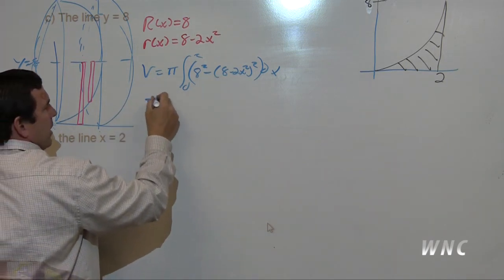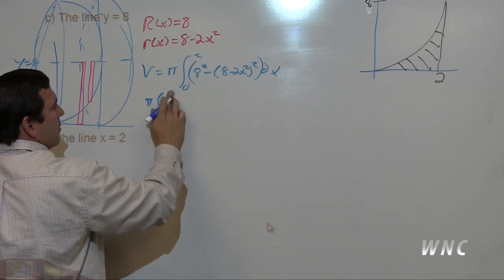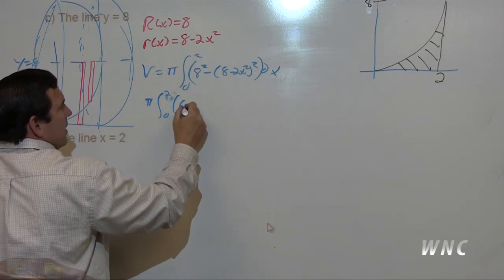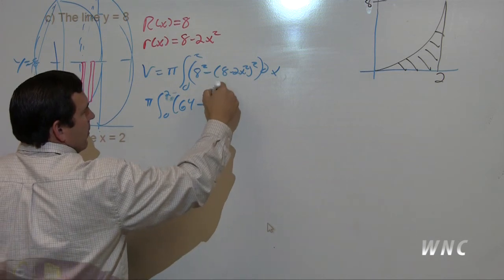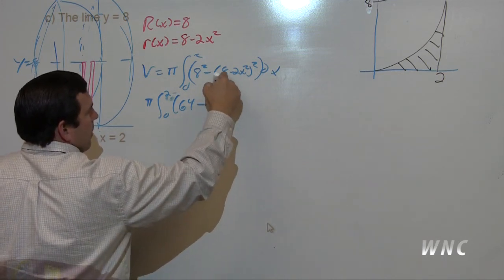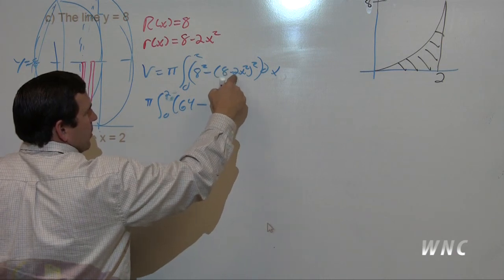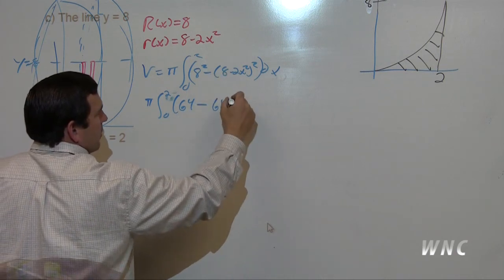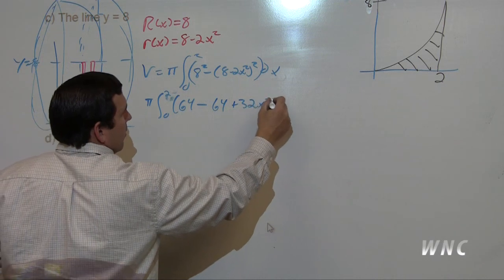So this is pi times the integral from 0 to 2 of 64 minus, now this is going to be right here, 64, 2 times 8 is 16, times 2 is 32, that's double negative, so plus 32x squared.